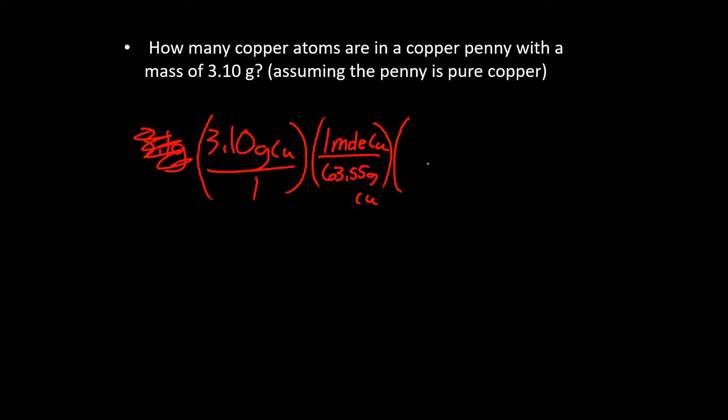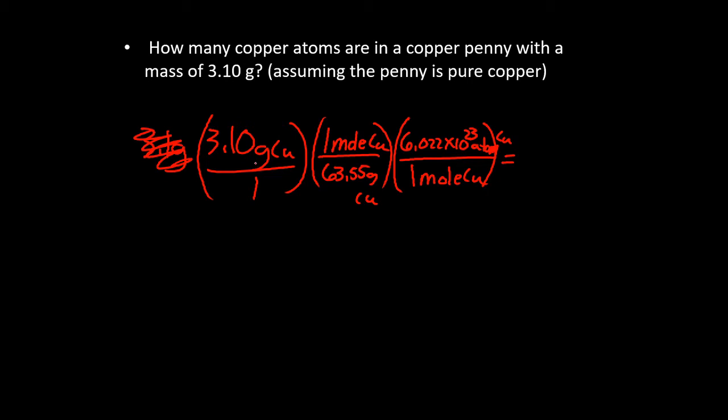But that's not where I want to stop. I want to know how many atoms there are. I know that 1 mole of copper is 6.022 times 10 to the 23rd atoms of copper. And for that one I don't have to look up a special number because this is true for everything. 1 mole of anything is 6.022 times 10 to the 23rd of that thing.